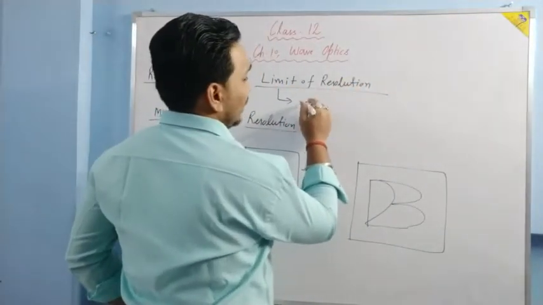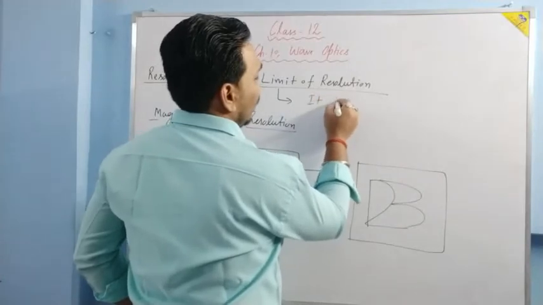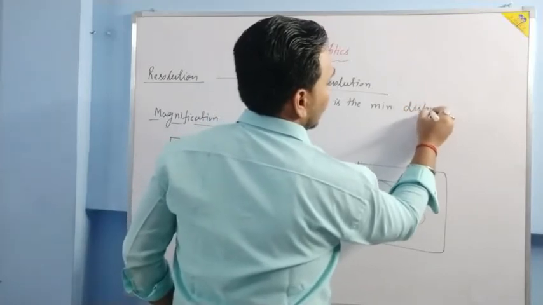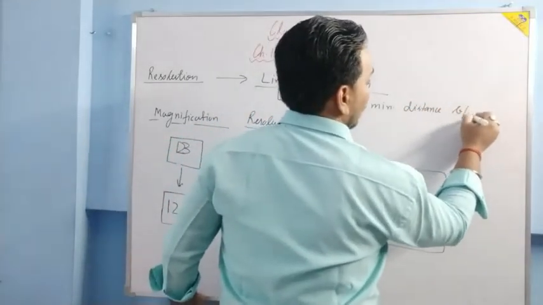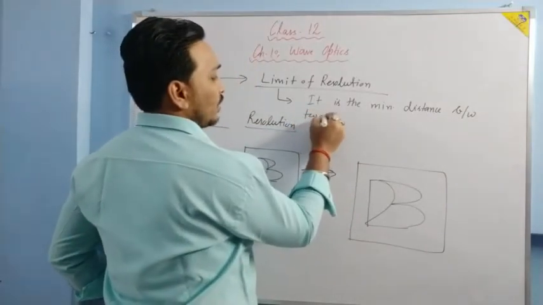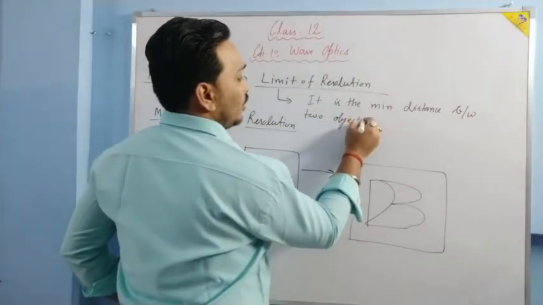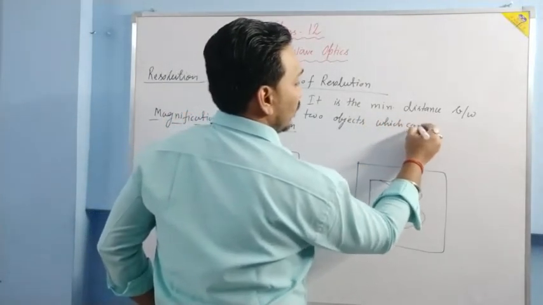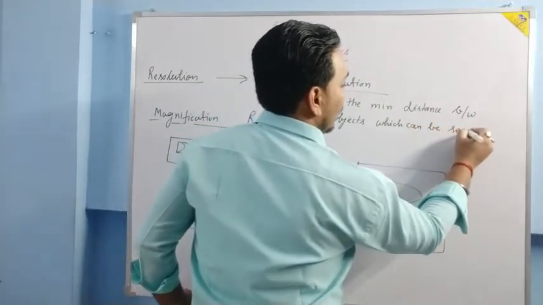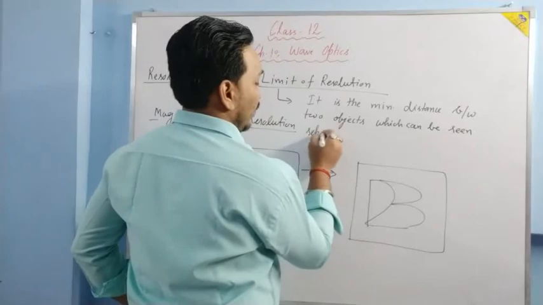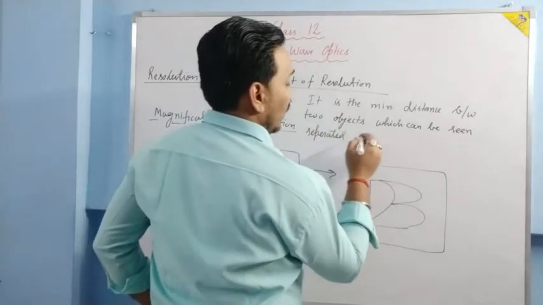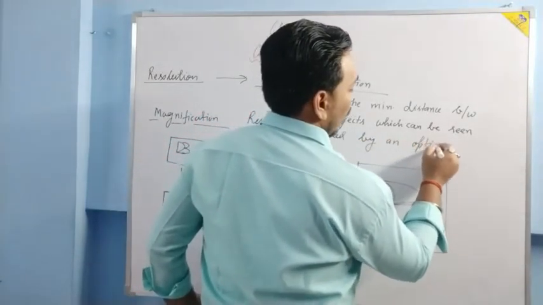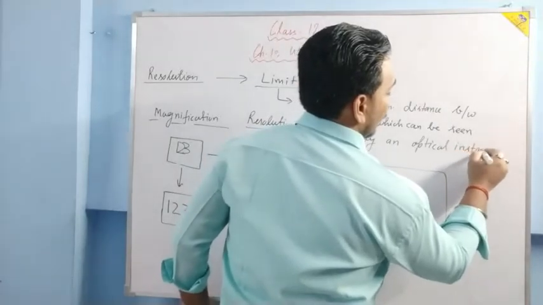Limit of resolution means it is the minimum distance between two objects which can be seen separated by an optical instrument.